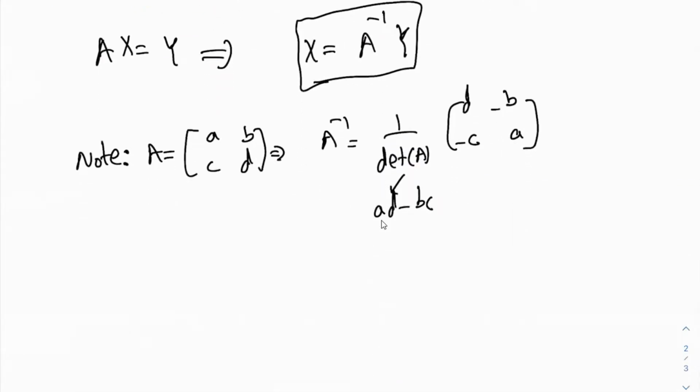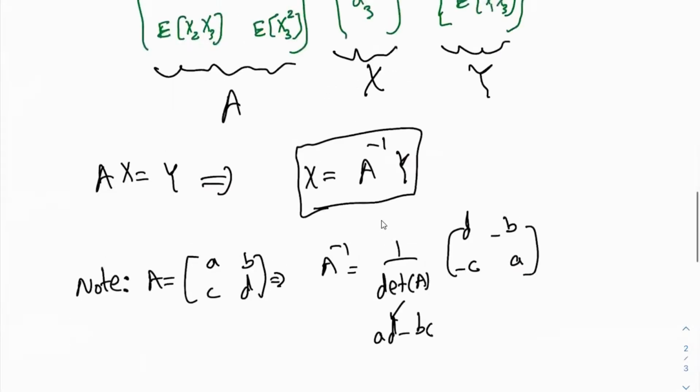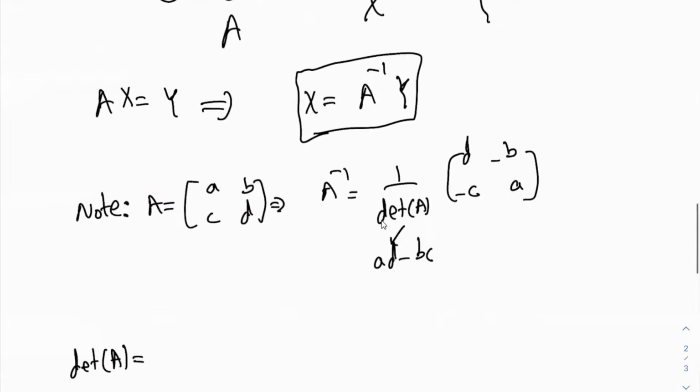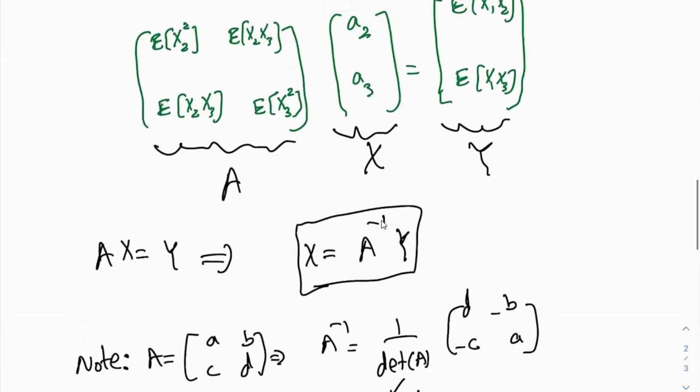Here, first let's find the determinant of A for our case. What's the determinant of A? The determinant of A is this, minus this.